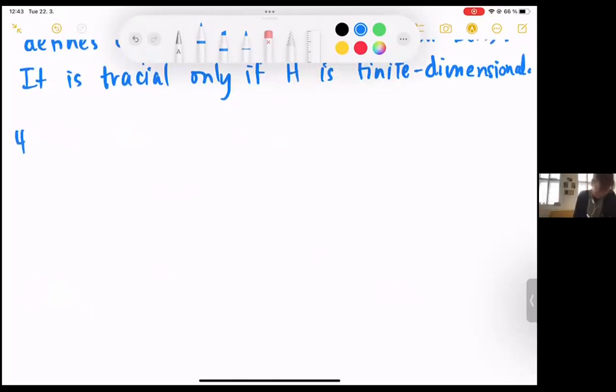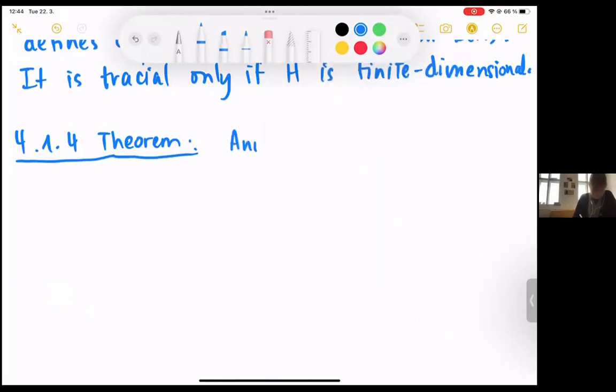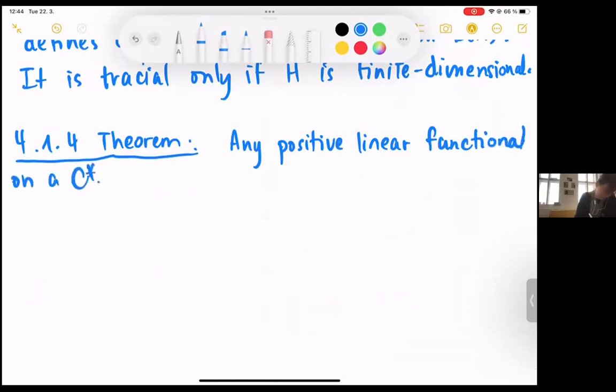Now let's go back to the more general case of just arbitrary C star algebras. And here we see again that we don't need to assume any sort of continuity condition when we have a positive linear functional. This is similar to what we saw for star homomorphisms. So any positive linear functional on a C star algebra is bounded.